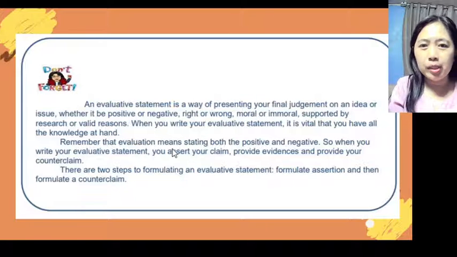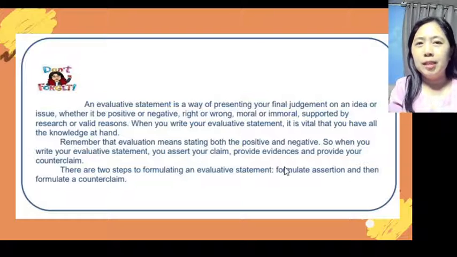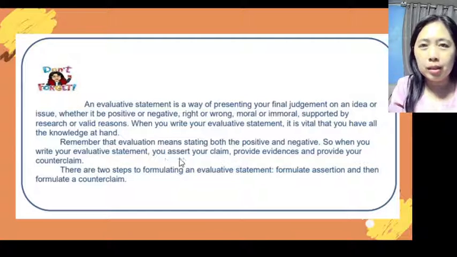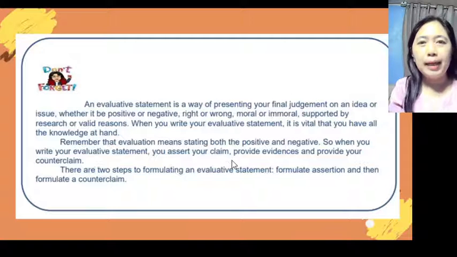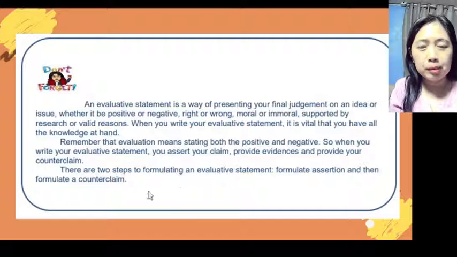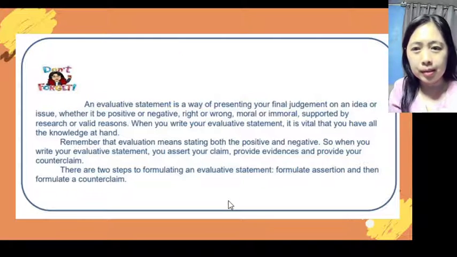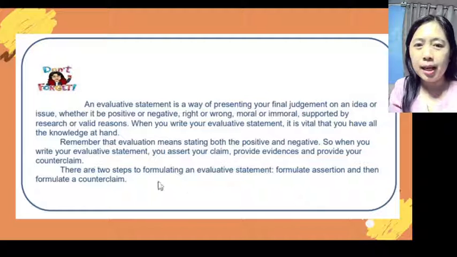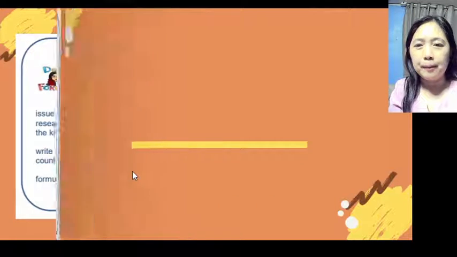Remember that evaluation means stating both the positive and negative, to be fair. When you write your evaluative statement, you assert your claim, provide evidence, and provide your counterclaim. There are 2 steps to formulating an evaluative statement: you formulate an assertion and also a counterclaim. They should both be there to make your evidence stronger.